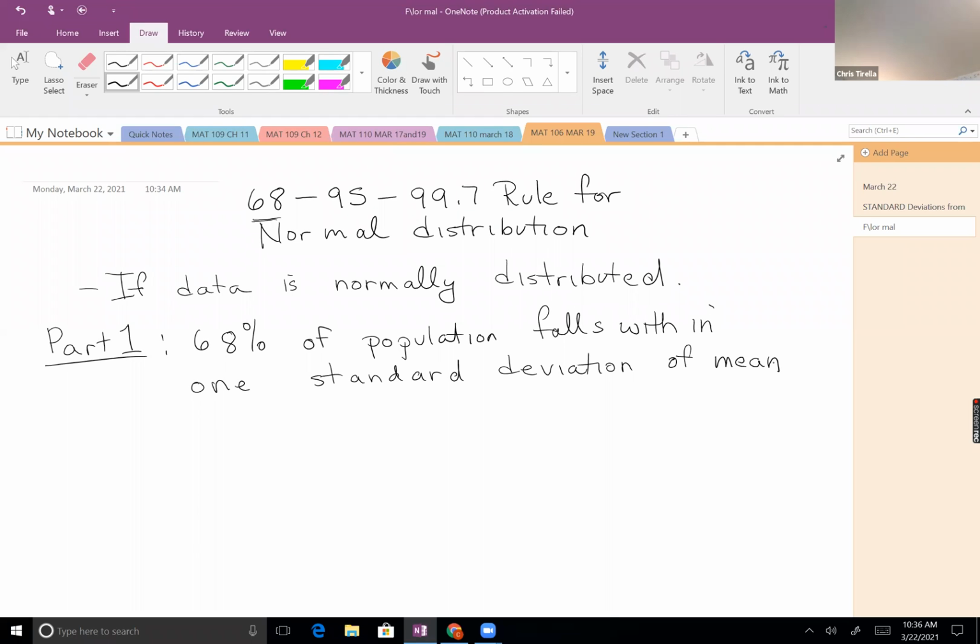So let's think about 68%. Well, I think 2/3 is just shy of 67%. So we're saying a little bit more than 2/3 of the population is within one standard deviation of the mean.